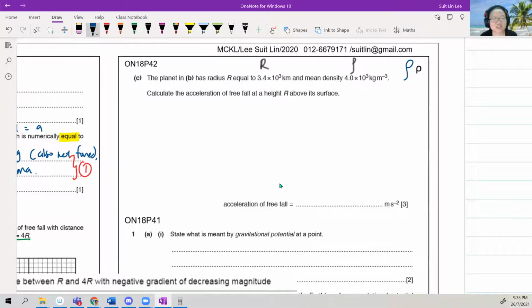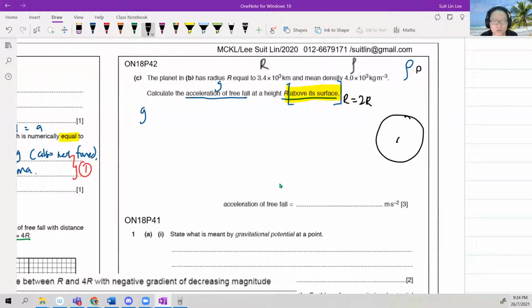All right, we want to find the acceleration of free fall at R above the surface. Whenever I see above surface, I must highlight, underline, bold. You know why? Because the distance is equal to 2R. Teacher, why? Well, this is your planet, right? The radius is R. And then we want this extra R from above the surface.